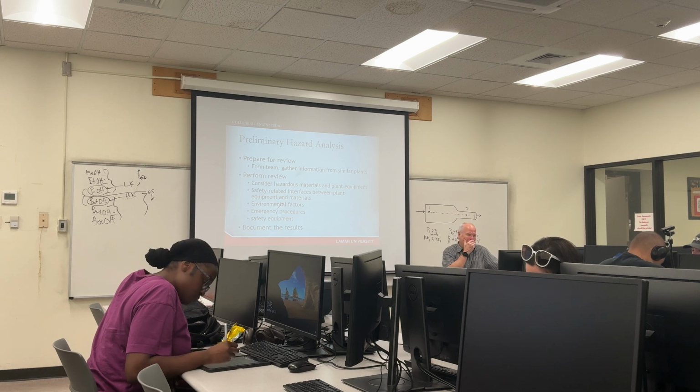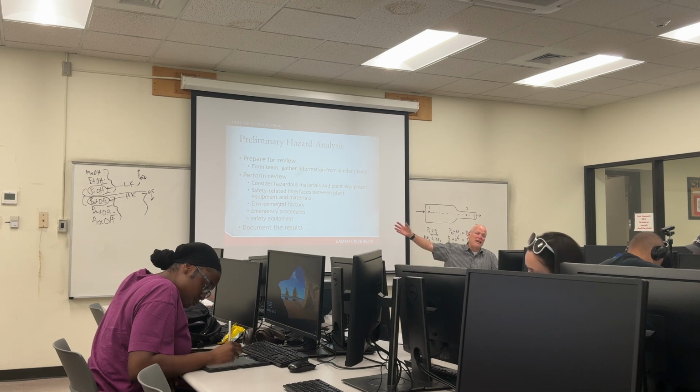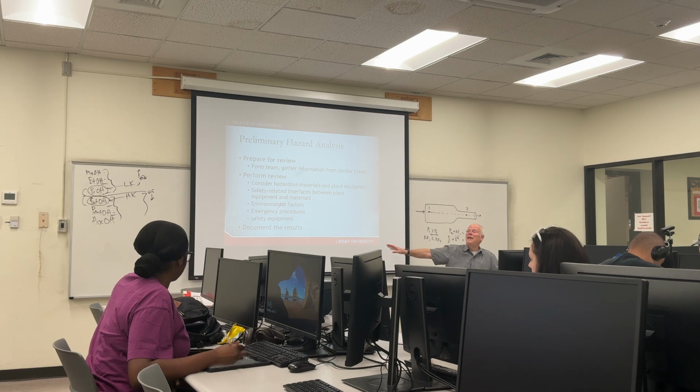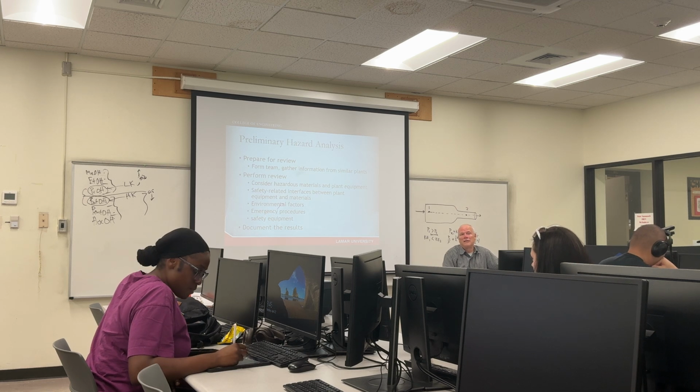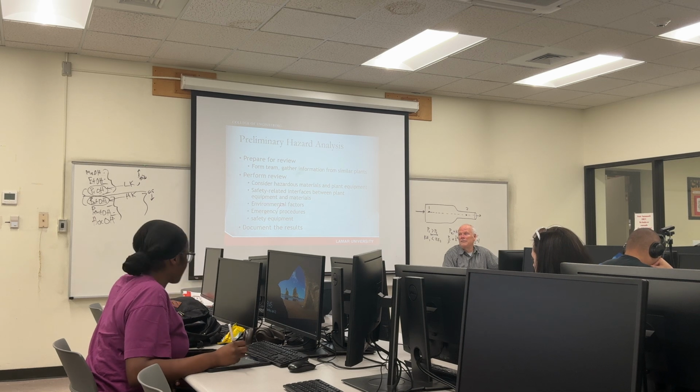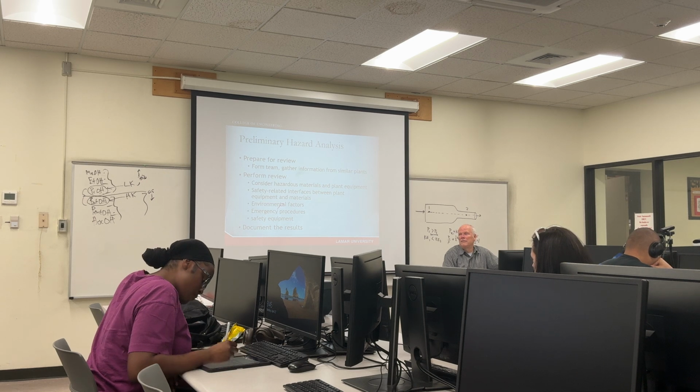So that's your first step. If you're the safety person, identify the hazardous materials. Then you've got plant equipment. What kind of plant equipment can have hazards associated with it? So think about it. Yeah, compressors cause issues if they rupture. Compressors, is that what you said?